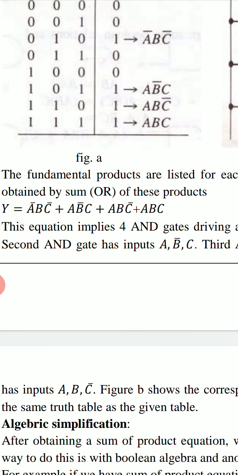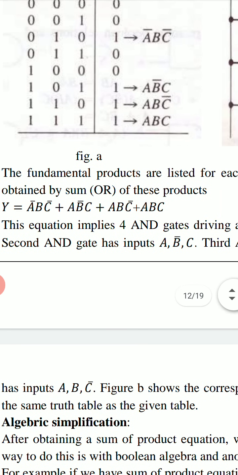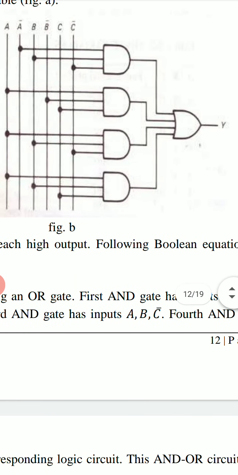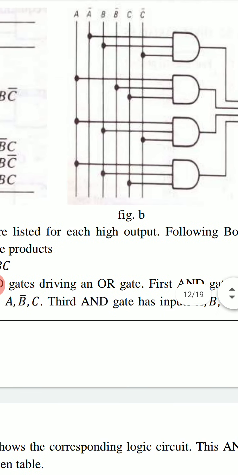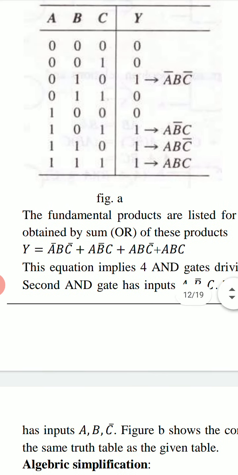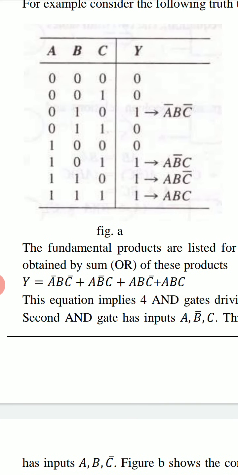That is, Y will be equal to A bar B C bar plus A B bar C plus A B C bar plus A B C. And this logic circuit, which gives output Y by this equation, will produce this given truth table. So fundamental products can be used to derive a logic circuit to produce a given truth table.